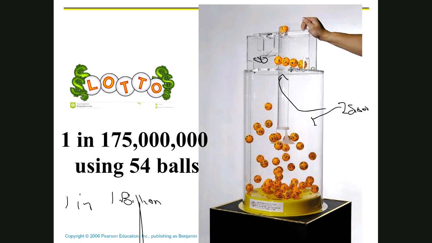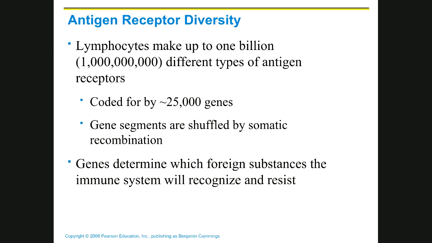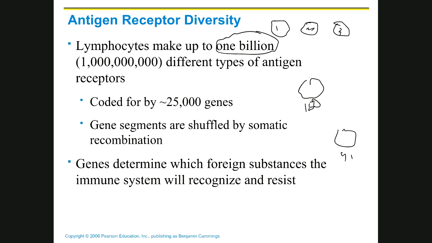And that's exactly what it is. So there's about 1 billion different surface receptors. So if this is our B cell 1 versus B cell 2 versus B cell 3 versus B cell 150 versus B cell 9,000, every single one of these, when it folds up differently, is going to have a different VDJ.